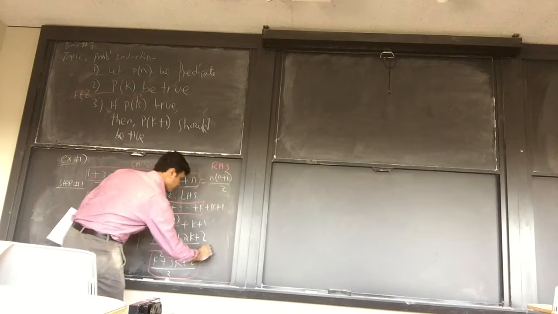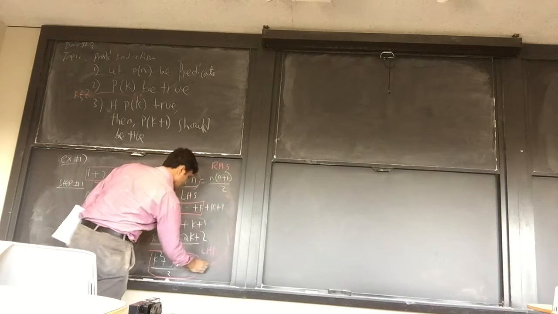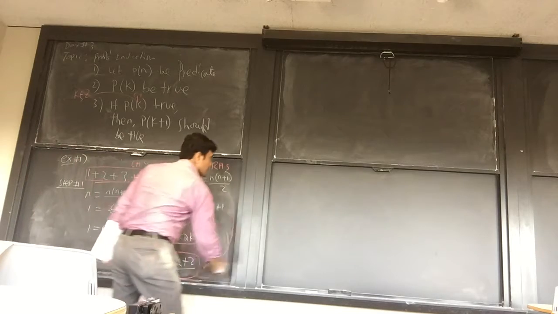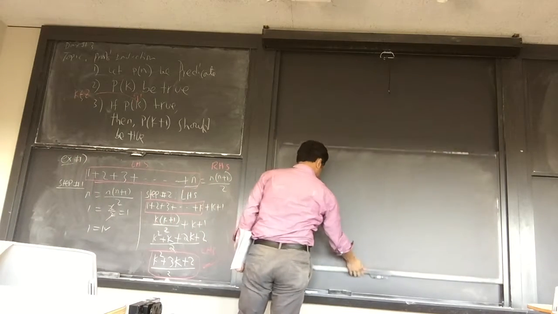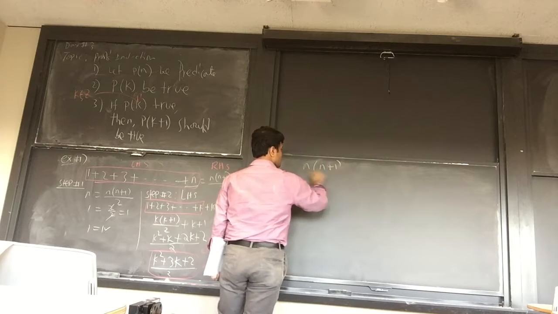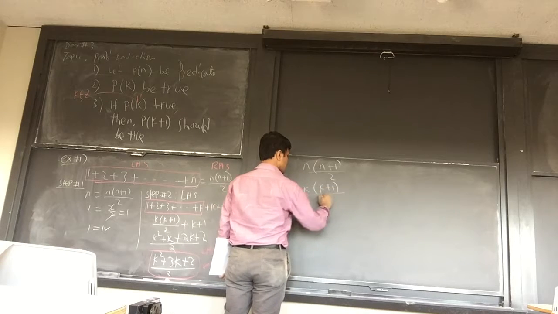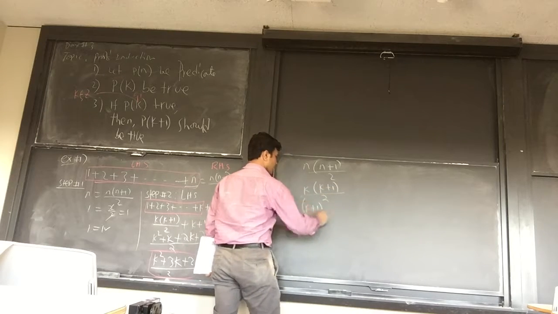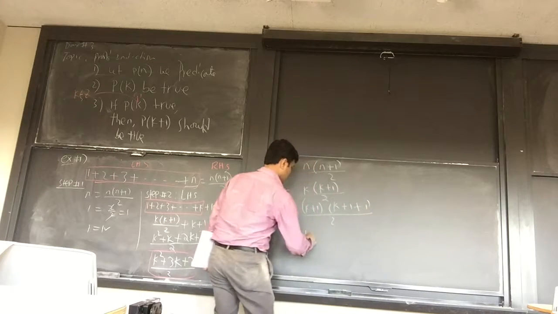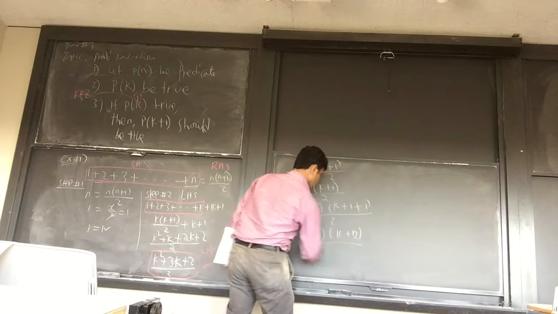Now we have to check the right hand side. This is our right hand side. If we get the same right hand side, then we prove it by induction. So n(n+1)/2 becomes (k+1)((k+1)+1)/2. So k plus 1 times k plus 2 over 2.